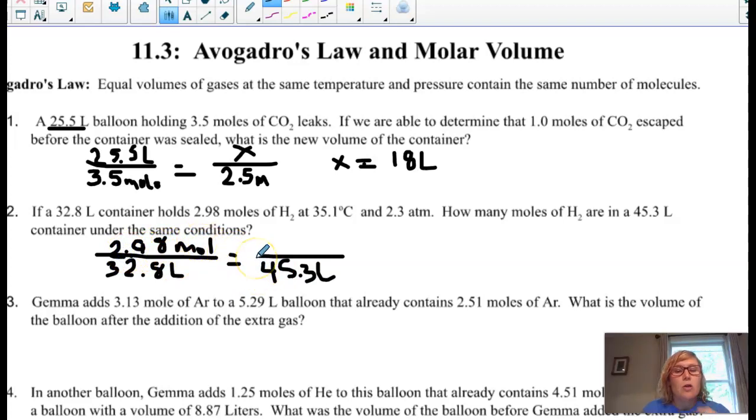So again, cross multiply and divide. So 45.3 times 2.98 divided by 32.8 is equal to 4.11 mole.